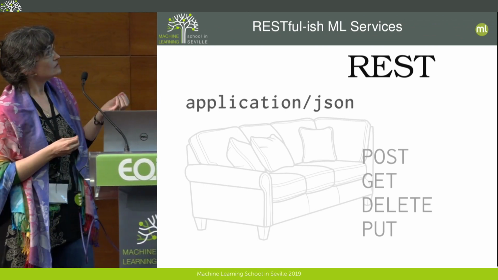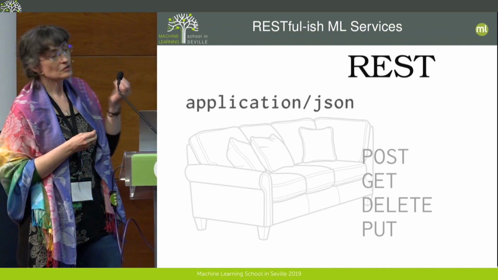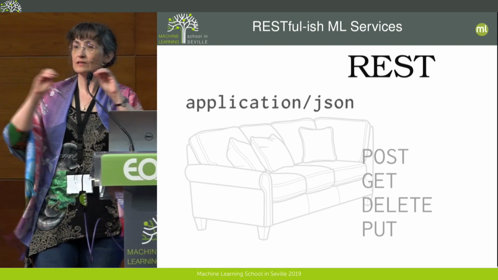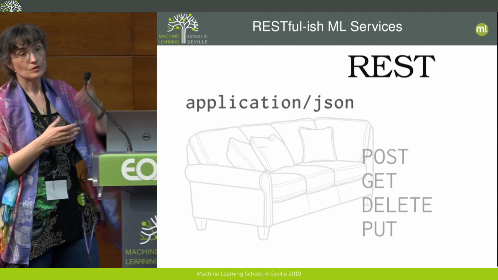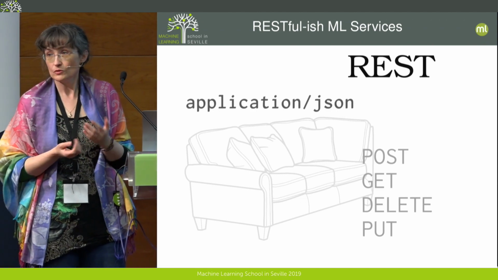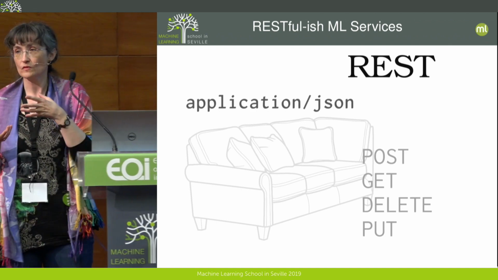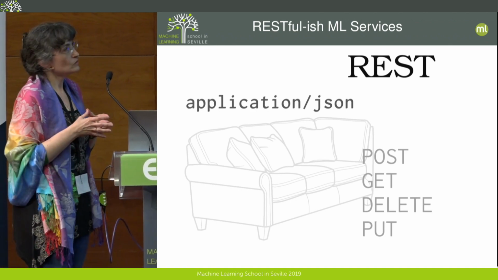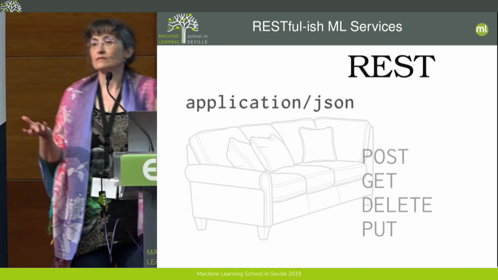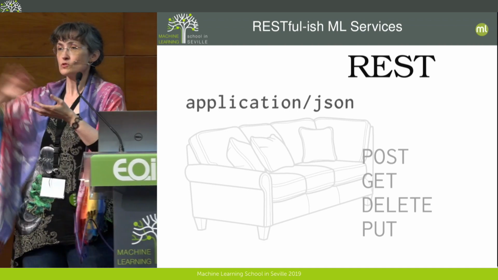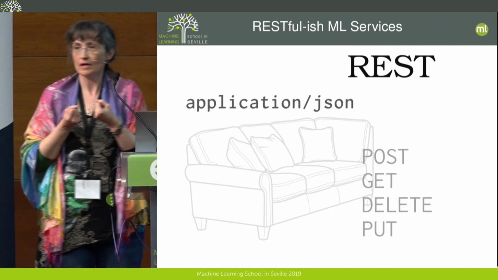And the operations that you can do with this kind of URLs are the typical operations that you use in HTTP. When you use HTTP, you can post things, you can get things, you can delete things, you can put things. What does it mean then? Well, when you post things, you are really creating things. When I want to create a source, I post my data and get something back.